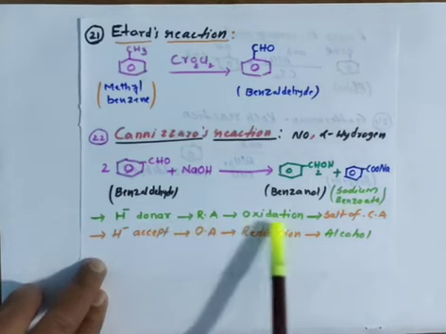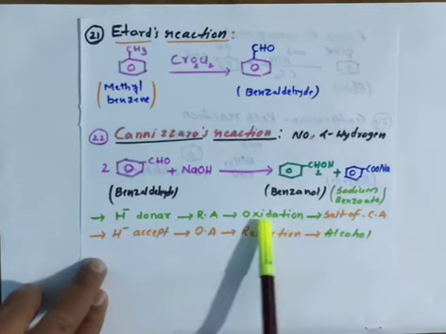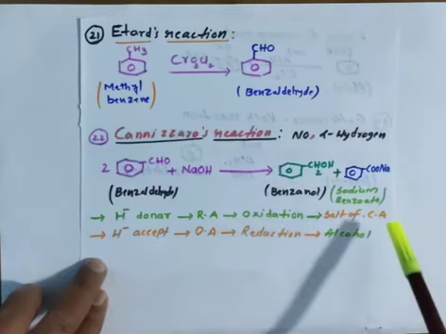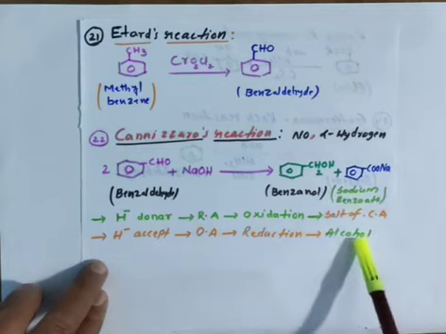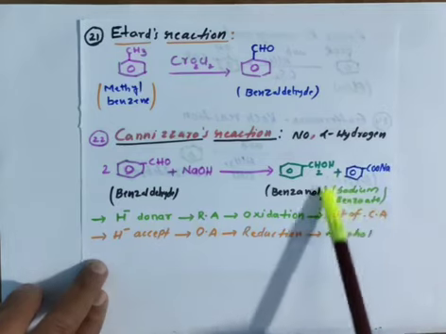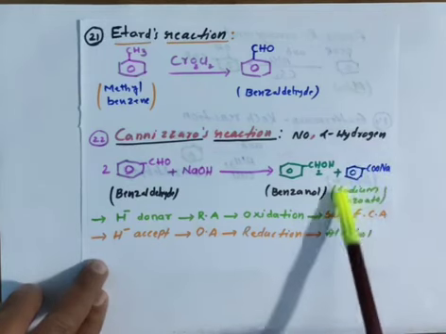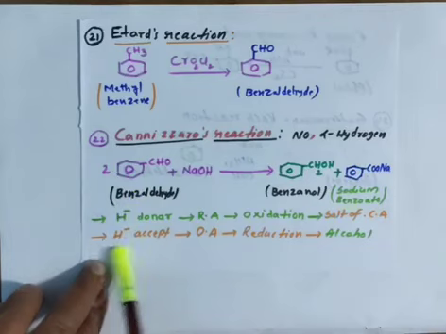Reducing agent means oxidation. That is, the oxidative product you are getting is the salt of a carboxylic acid. This is asked a number of times in AIIMS: in the Cannizzaro reaction, what is the oxidative product? The oxidative product is the salt of a carboxylic acid. Another molecule will accept H minus.